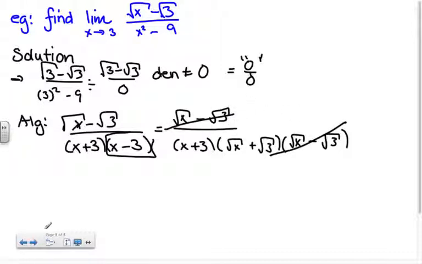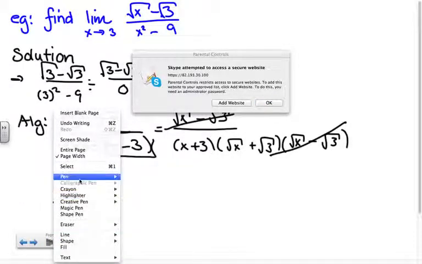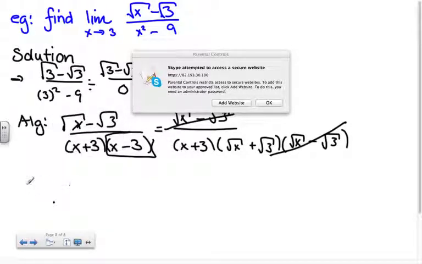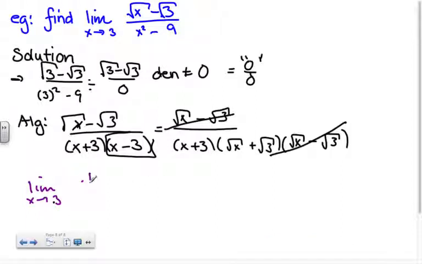And so after all that painful algebra-wise work, I end up with the limit as x approaches 3 of 1 over x plus 3 times square root of x plus square root of 3.